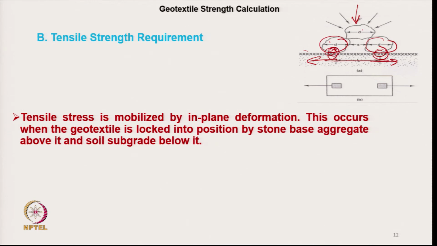If it is not locked, suppose there is no friction, then simply this will slide, and there is no tensile stress generated on the geotextile. But effectively there is a locking here, so there will be stress generated. So, this locking is acting as a jaw.